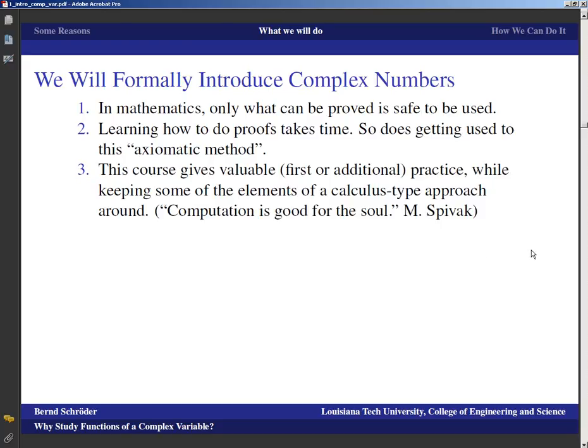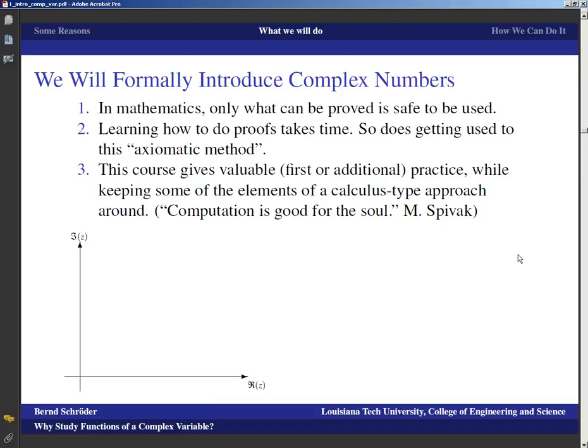Some of the computations that you'll see here will be more involved than what you may have seen in calculus. Let's not get scared here. It's not extremely involved, but maybe a bit more involved than what you've seen in calculus. But after you've done proofs, you'll realize those computations actually feel rather nice because you just compute, and that's rather neat.